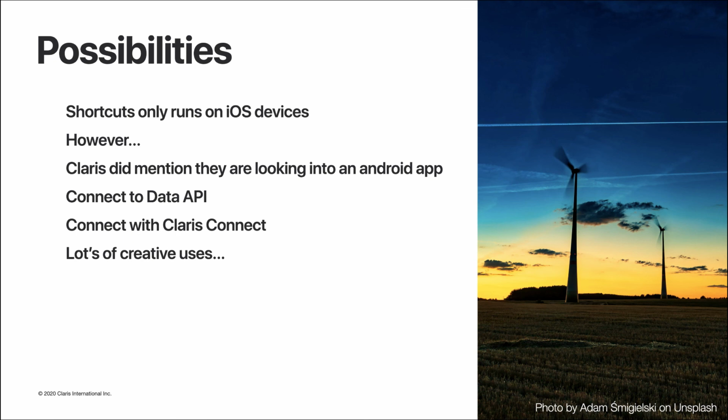For example, the timestamp date format has a custom format that you can set to something that works with FileMaker directly. So there's a lot of detail in shortcuts, and unfortunately, this doesn't even scratch the surface of what's possible. We just covered the integration with FileMaker Go. So really excited about what's possible.